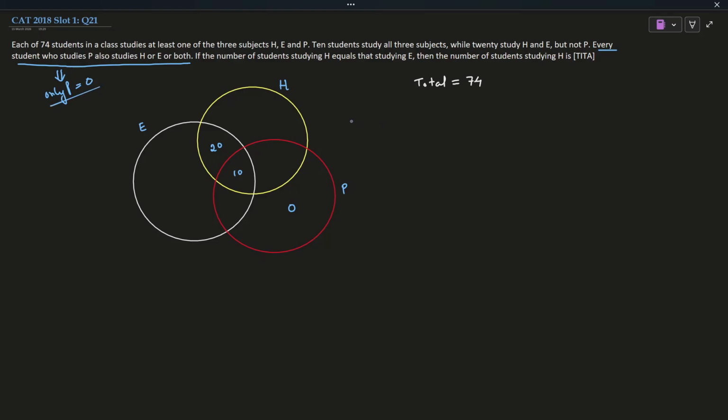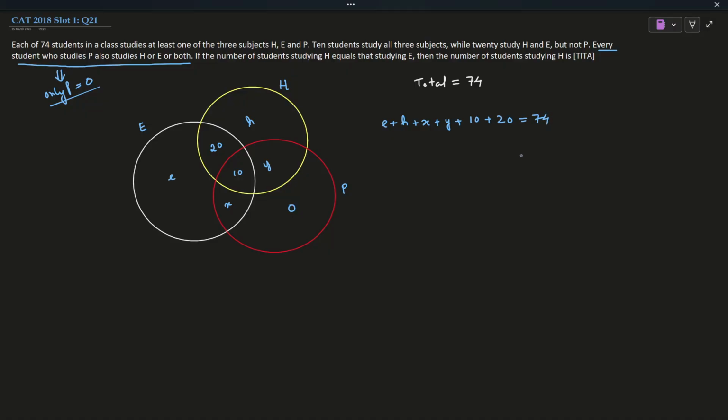If the number of students studying H equals the number of students studying E. Let's say this is X, this is Y, this is E, this is H. So I can say E plus H plus X plus Y plus 10 plus 20 equals 74.